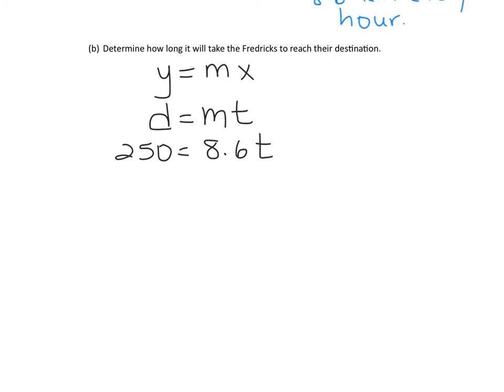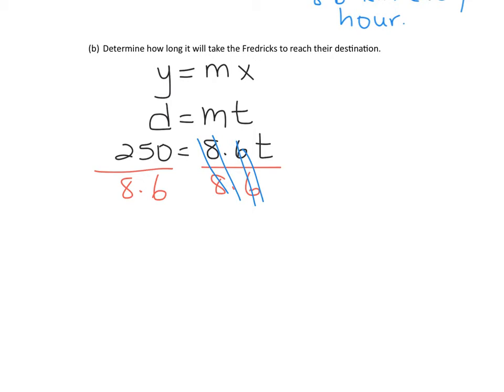So to isolate for t, we need to use opposite operations. We can see here that 8.6 is being multiplied by time. So the opposite of multiplication would be division, so we need to divide both sides by 8.6. On the right-hand side, we know that 8.6 divided by 8.6 is just going to give us 1, so that's going to disappear or cancel out.